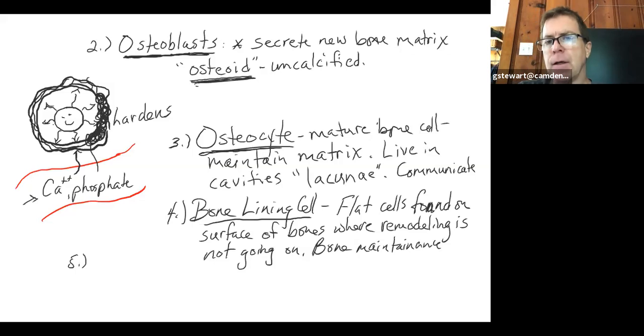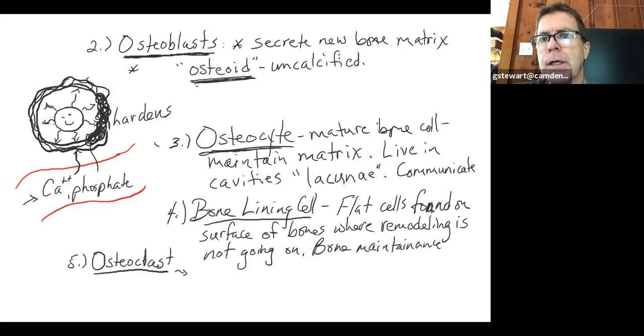The last major type of bone cell is an osteoclast, C-L-A-S-T, osteoclast. This is a special cell. Osteoblasts are derived from osteogenic cells, those stem cells on the previous page.